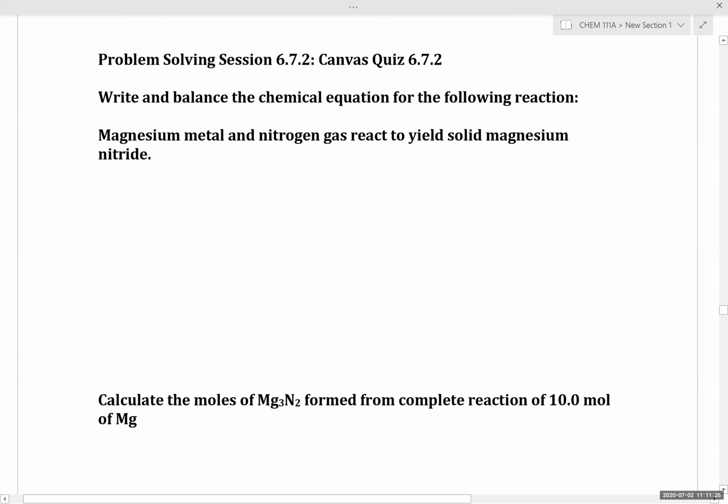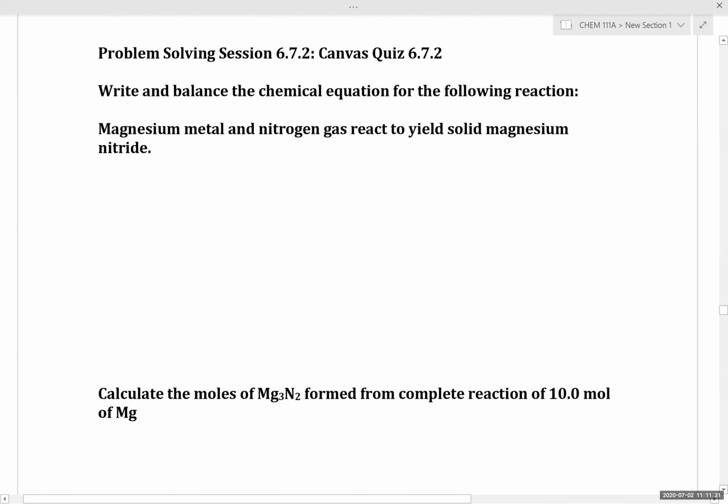And let's try to apply what we've learned to the following example. We're asked to write out and balance the chemical equation, and you can submit your responses verbally or via Canvas quiz 6.7.2. And we'll discuss this example.